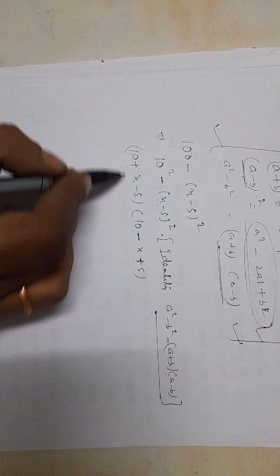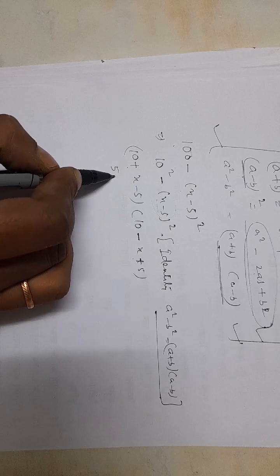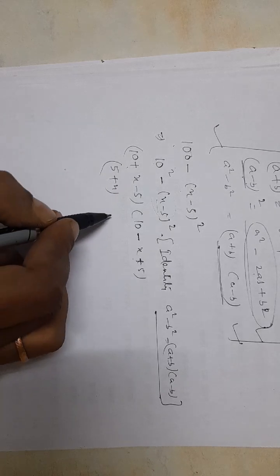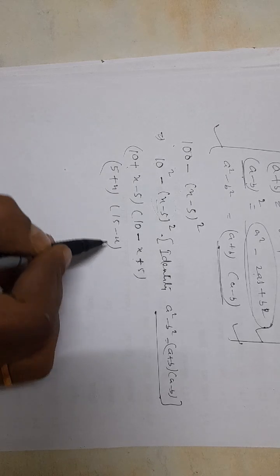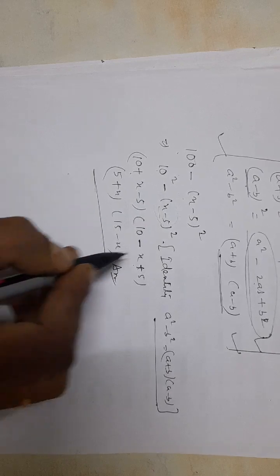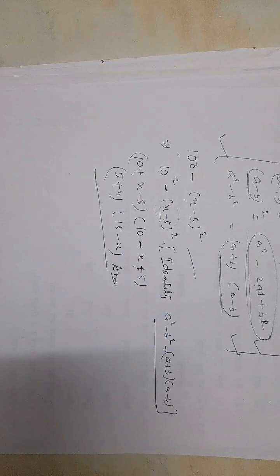So 10 minus 5 gives you minus 5 plus x, and 15 minus x. So this is the factorized form of the expression. Once you are applying the identity, you are able to identify the question that resembles any specific identity. Then you will definitely be able to factorize them. And the whole chapter is factorization, right?